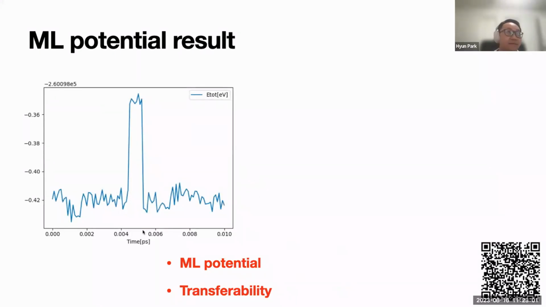So the left-hand side is the total energy, which is kinetic energy plus the potential energy of the molecule, alongside the molecular dynamics trajectory times versus its total energy.